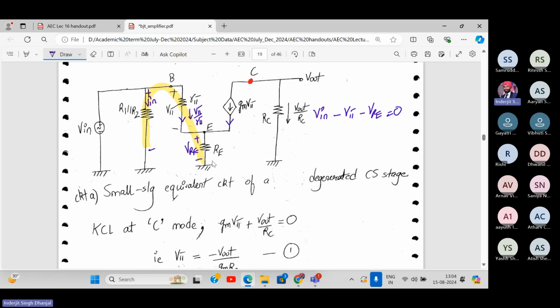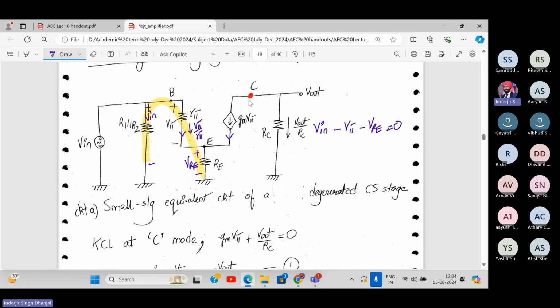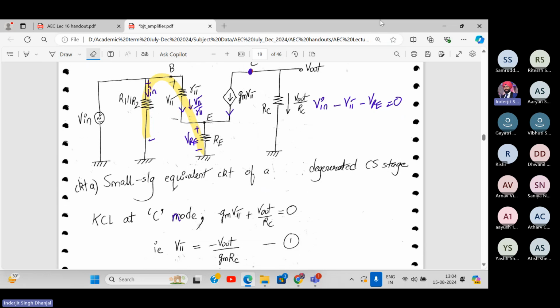Now you apply your KCL at the collector node. Once you apply KCL at the collector node, what do we get? Two currents: gm into V pi, and here we have V out upon RC. Okay, so gm into V pi plus, can you see this PDF, everyone?